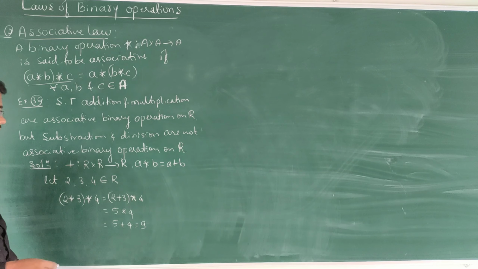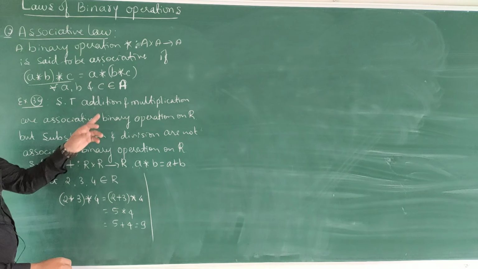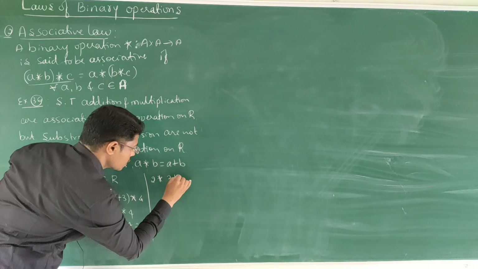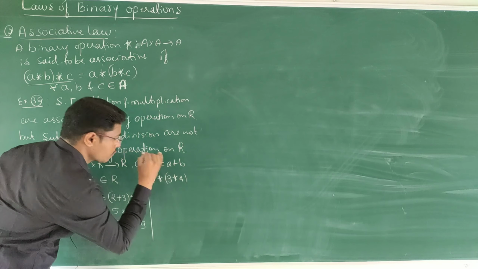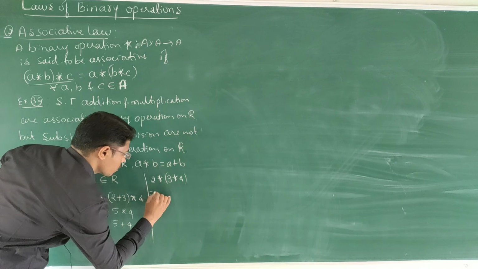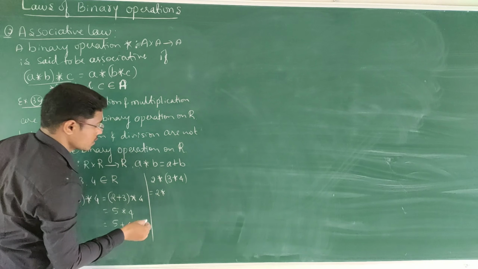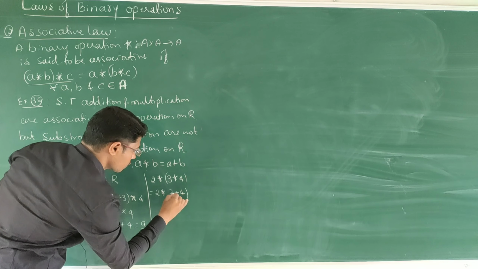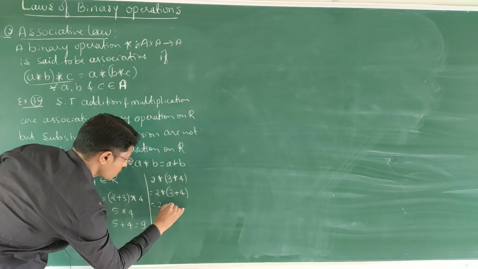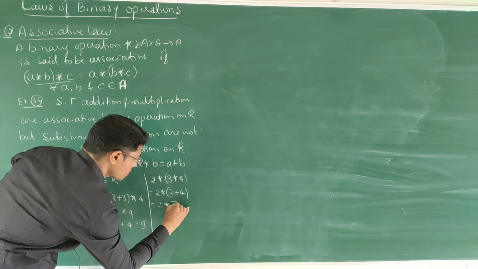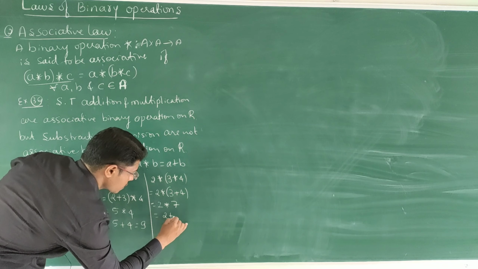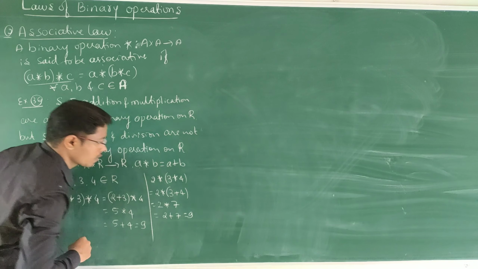Right, now 2 star (3 star 4) is equal to 2 star as it is, and 3 star 4 becomes 3 plus 4. This is equal to 2 star 7, this is 2 plus 7 equal to 9.